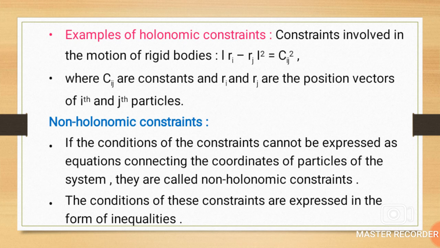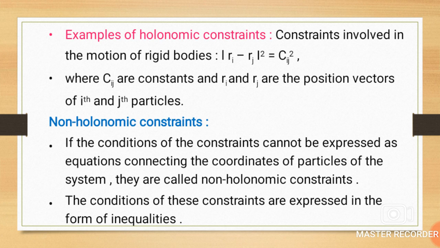Suppose we consider the ith and jth particles in the rigid body system, and we assign position vectors, Ri for the ith particle and Rj for the jth particle. We know that a property of the rigid body is that the distance between the particles is the same, that is, |Ri minus Rj| squared is equal to Cij squared, where Cij is a constant.